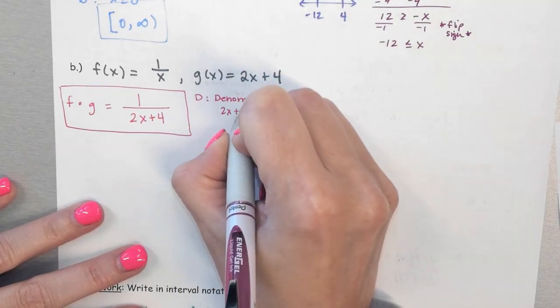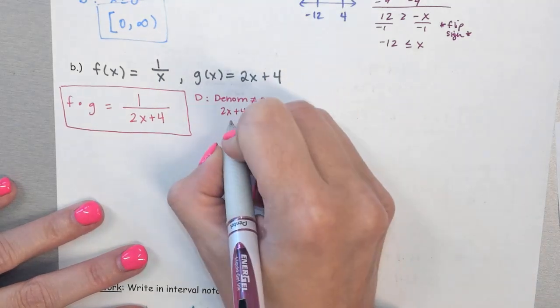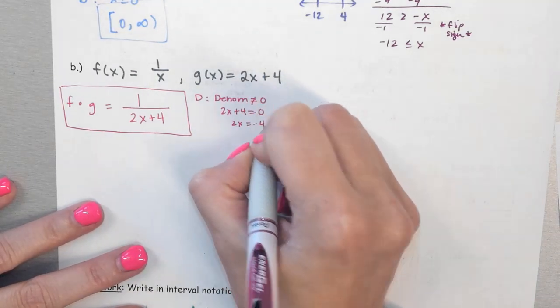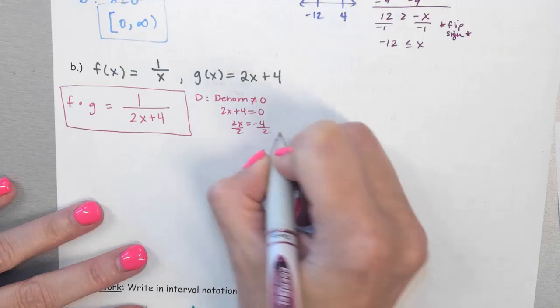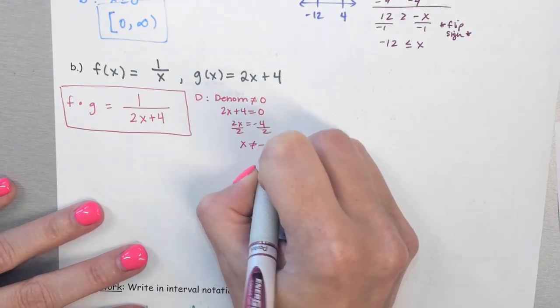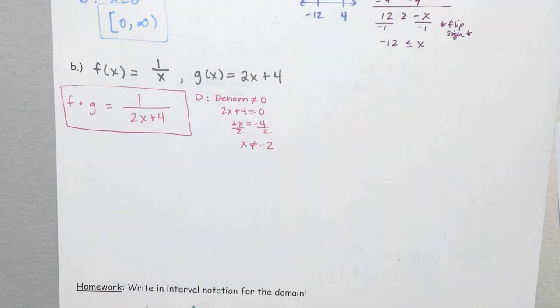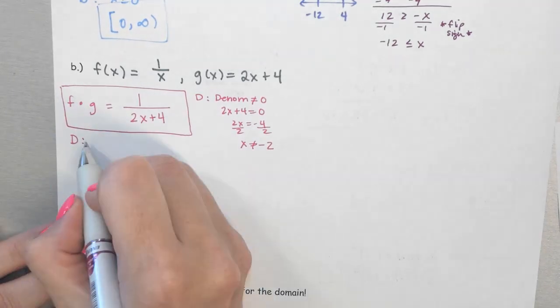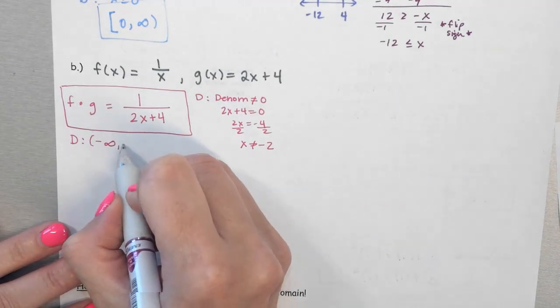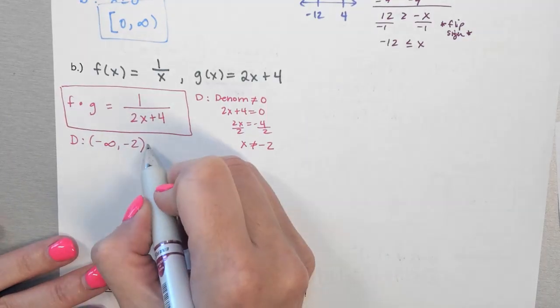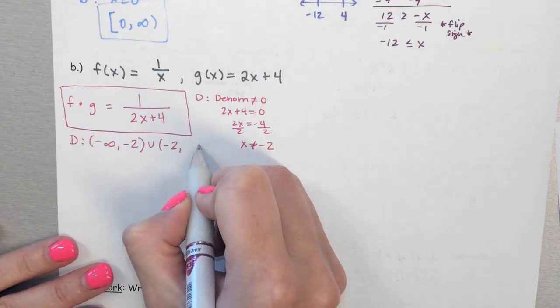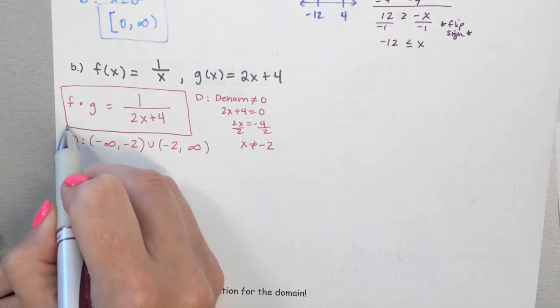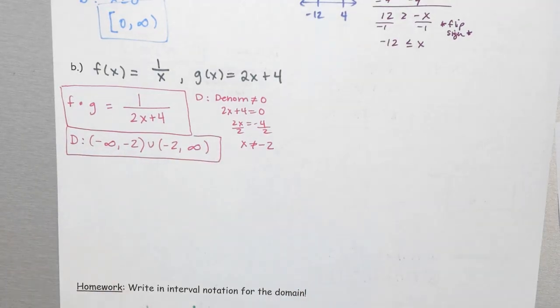So if I set 2x plus 4 equal to 0, move over the 4, that becomes negative, divide by 2. So x can't be negative 2. So then when you write your domain, it's negative infinity to negative 2 in union with negative 2 to infinity. Okay, so you have those two intervals.